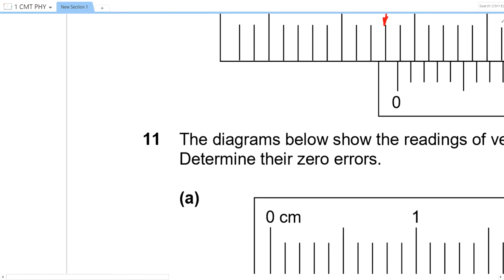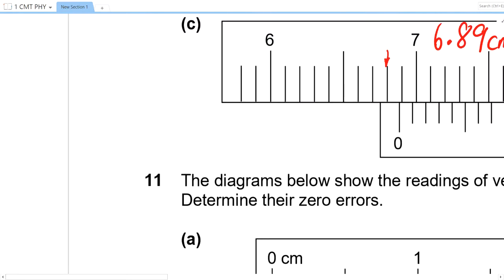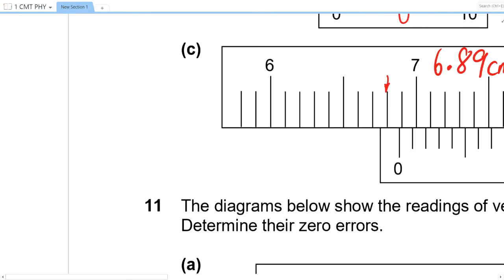Okay, next, zero errors. Do a quick recap. Durian seller's weighing scale. If there's no durian, what should it point to? 0. Vernier calipers. If I'm not measuring anything, I close it up. What should I see? 0, 0 in one straight line, right?